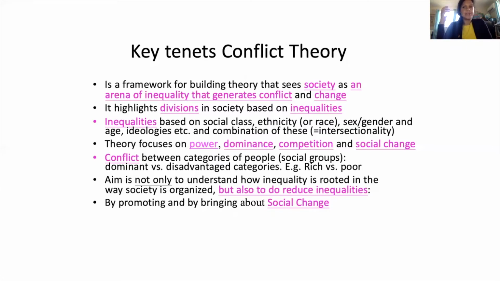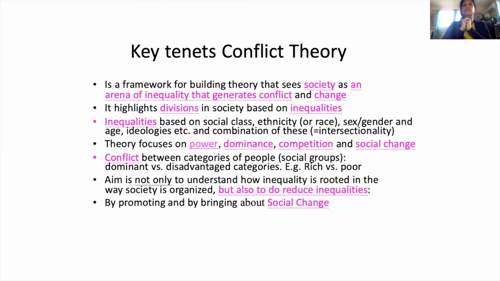Inequalities, think of them based on social class, ethnicity or race, sexuality, gender, ideologies about what should be gender roles, what should be social economic statuses, and the combination of these all, which is a nice concept we will talk more about in other units, is the combination of inequalities combined.